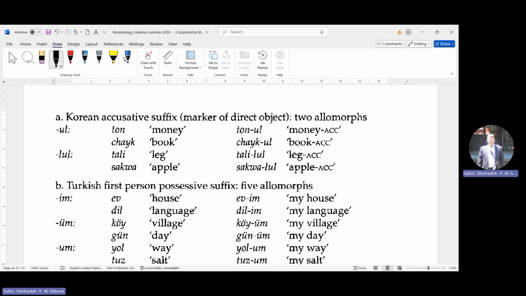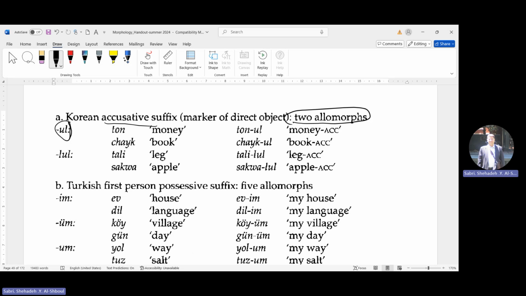So we notice, dear students, that the accusative marker is represented in two different allomorphs in the final position. So when we add ul to ton, it is ton-ul like this, right? Chaik, chaikul, and tali, tali-lul, and sakwa, sakwa-lul.